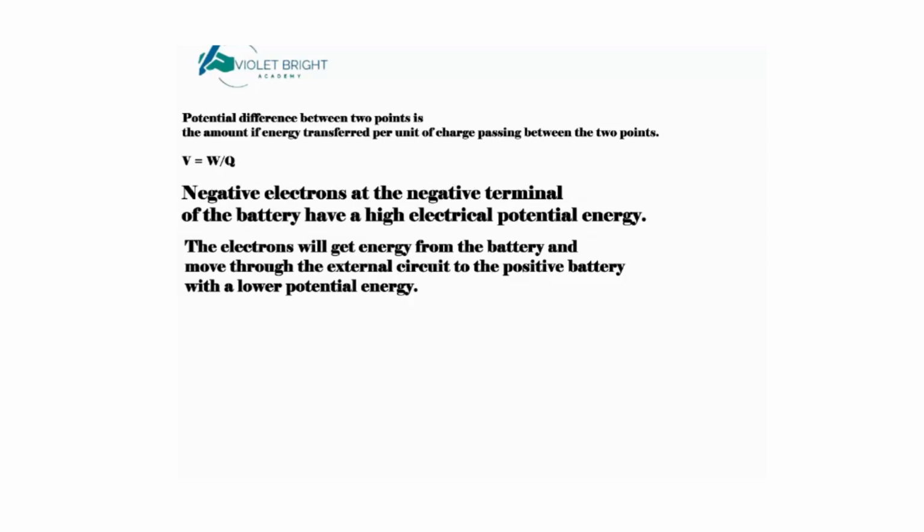So now we are going to be doing potential energy. What is potential energy between 2 points? It is the amount of energy transferred per unit charge between 2 points. For example, let me take out a particular diagram here. Suppose this is our circuit.